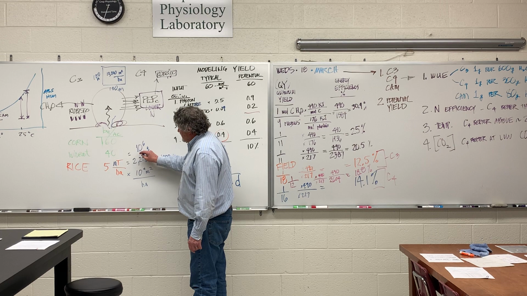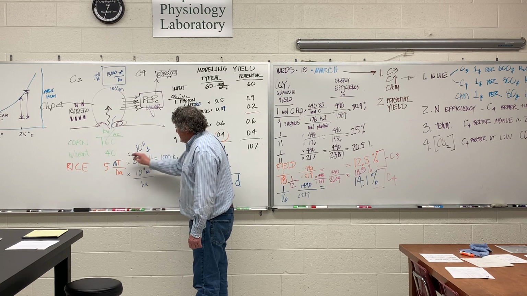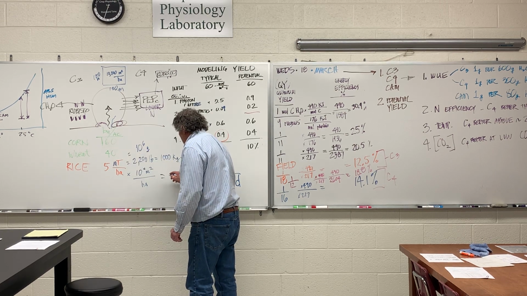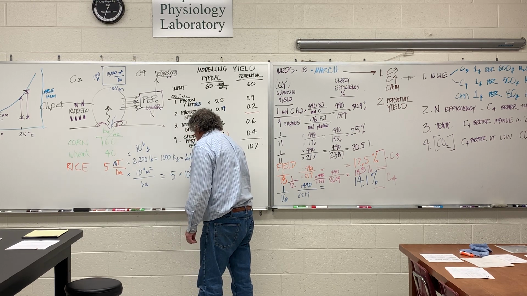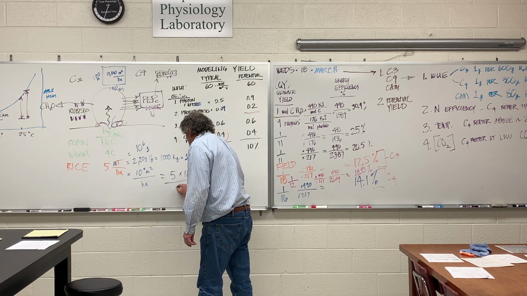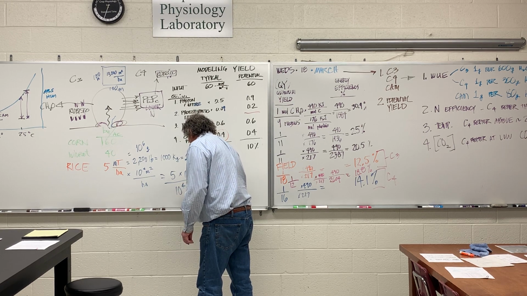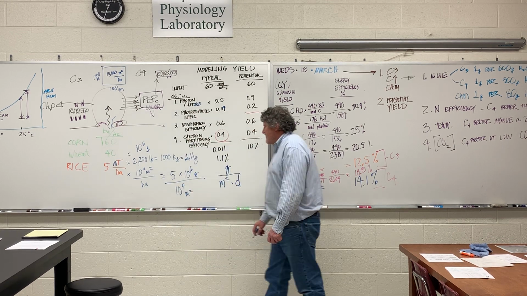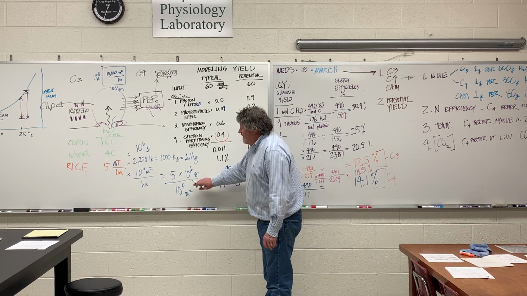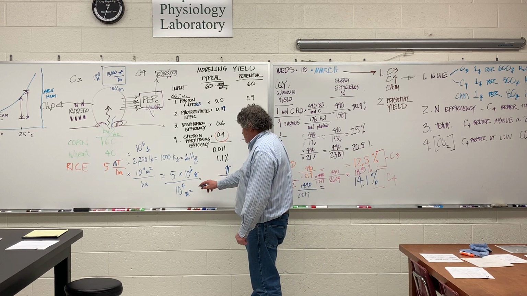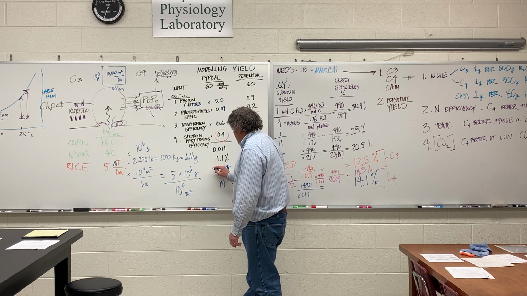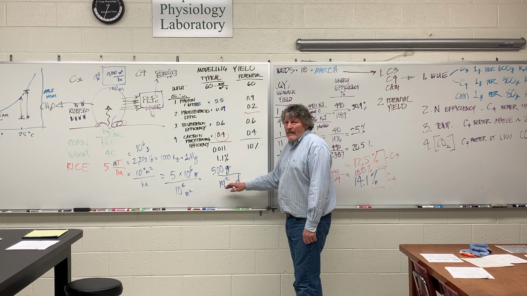So this comes out to be 5 times 10 to the 6 grams per 10 to the 4th meters squared. And so 5 metric tons per hectare is 500 grams per meter squared.